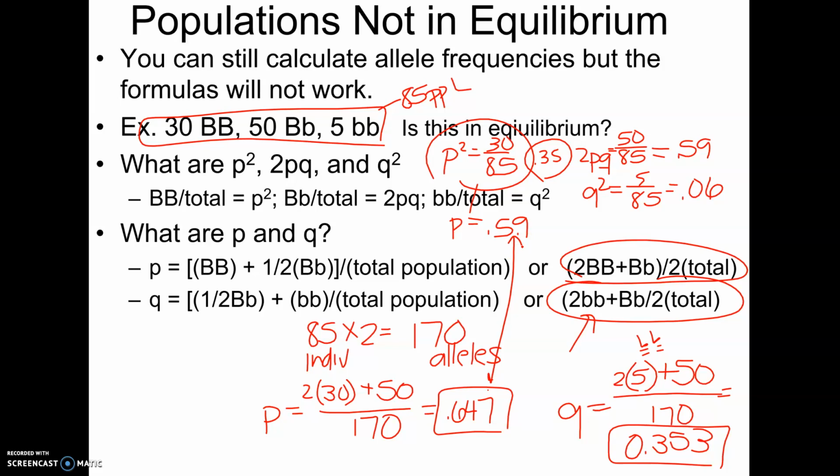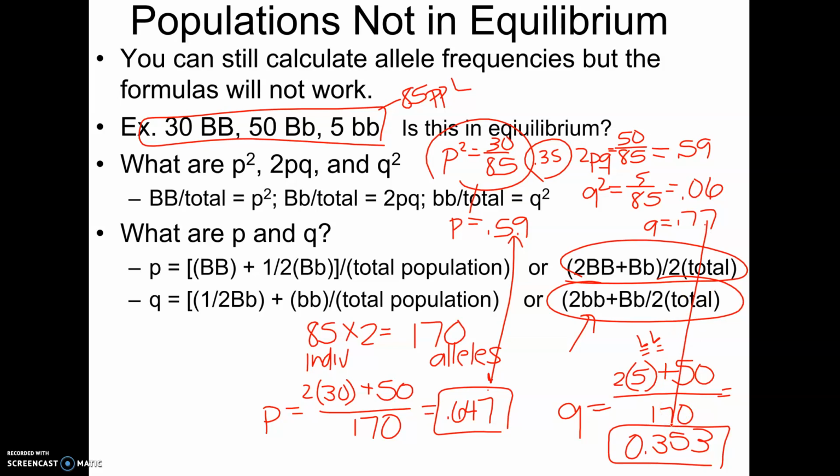So it's almost 10% higher. And same thing with Q. For Q, I got Q squared was 0.06, so the square root of 0.06 gives me 0.77 for Q. And that's way off from our calculated Q.